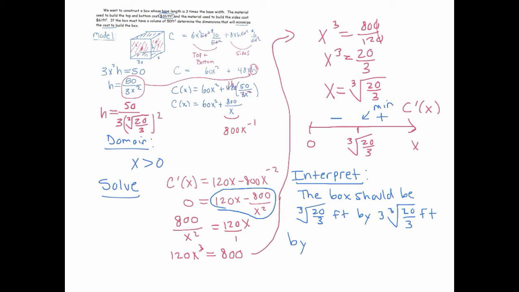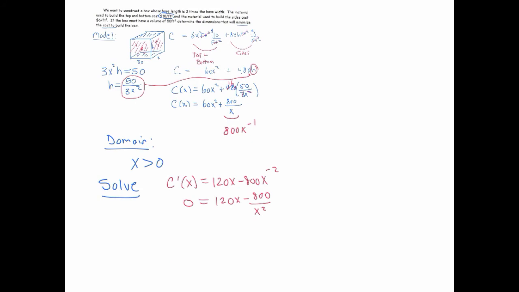Since I'm leaving these answers with radicals, I guess we'll just leave it like that. It might make sense in a problem like this to actually plug these into your calculator, and maybe I'll just do that for you in a second. But this is 3 times the cube root of 20 over 3 squared feet.